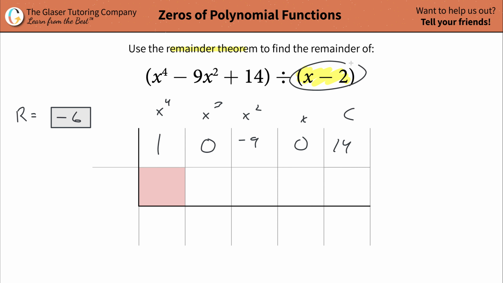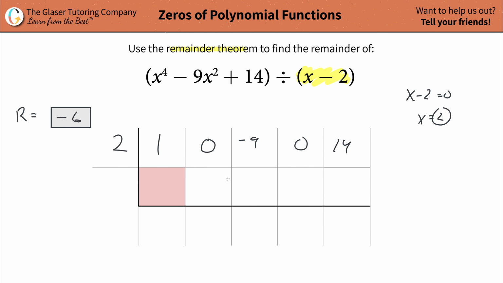Then you take this divisor, set it equal to 0, like we did before, and solve for x. This is the value you're going to divide by. Very similar to what we did before. Drop the 1 down, then 1 times 2 is a 2. Put that in the next adjacent column and add the column up, that's a 2.